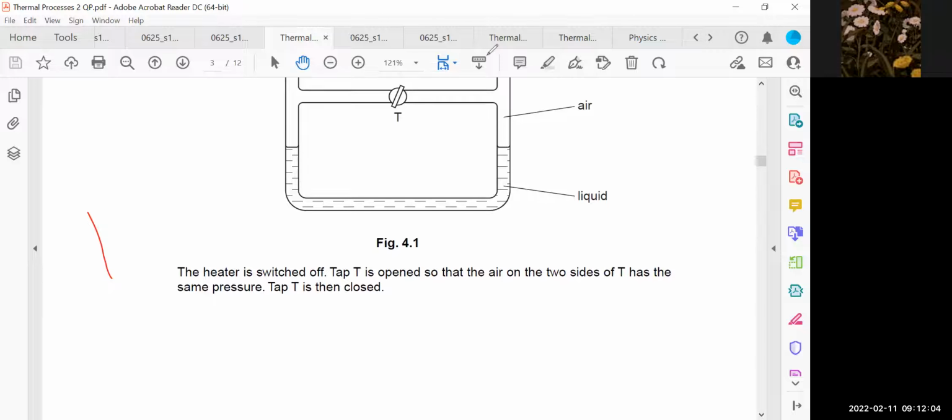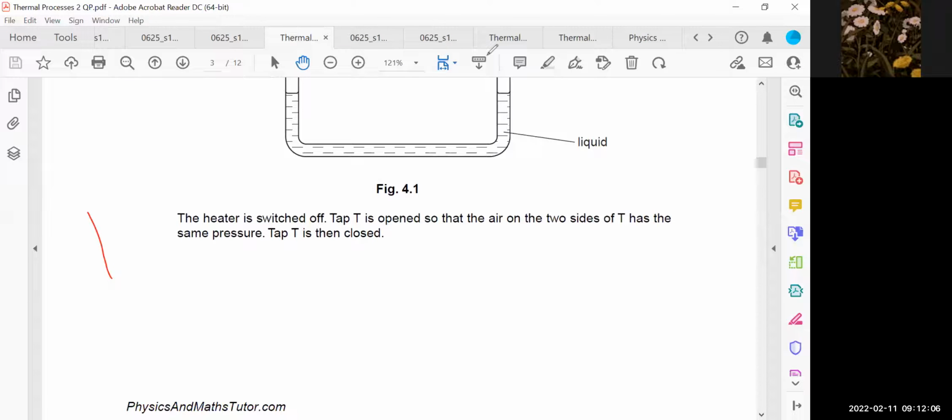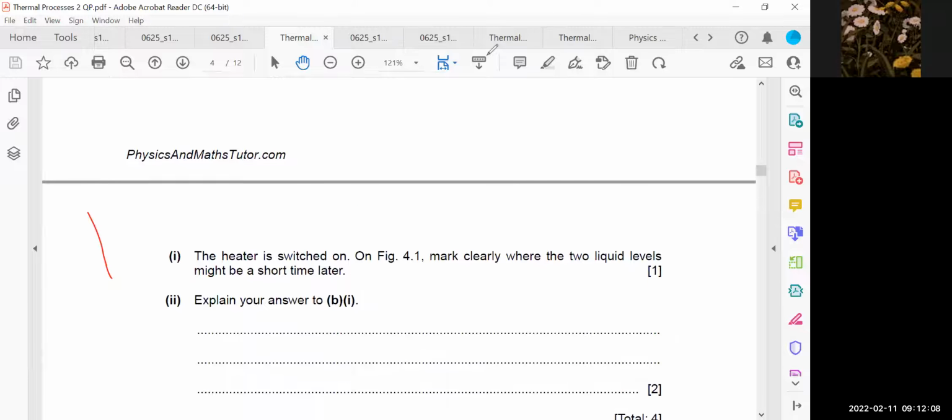Then tap T is closed, and the heater is switched on. On figure 4.1, mark clearly where the two liquid levels might be a short time later, and explain your answer.